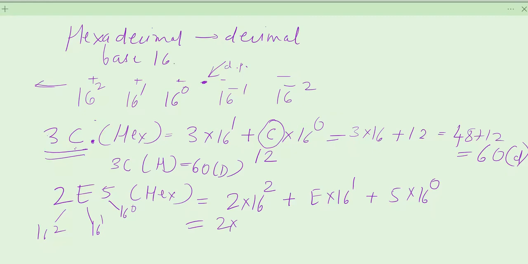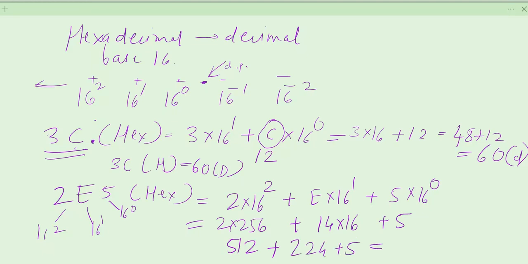So 2 into 256 plus E. What is E? E is 14. 14 into 16 plus 5. So let's calculate this using the calculator. I'm using mobile's calculator. 2 into 256, that is 512 plus 14 into 16, 224 plus 5.